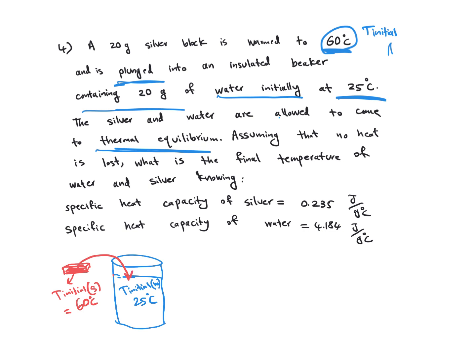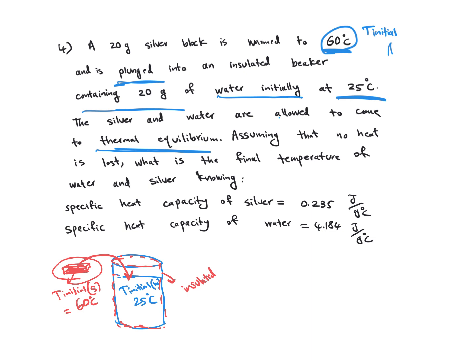I mark the beaker as my system because it is insulated, meaning that the only thing happening in this system is that the silver transfers heat to the body of water, but the beaker does not transfer any heat to the surroundings, or receive any heat from the surroundings, or have anything else happening.